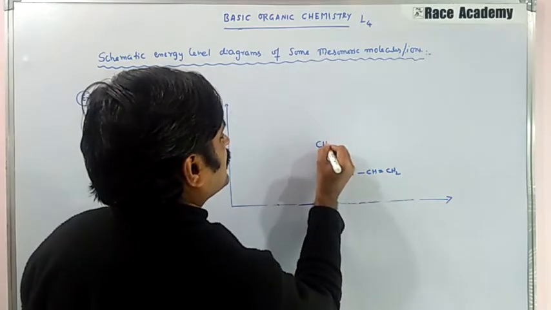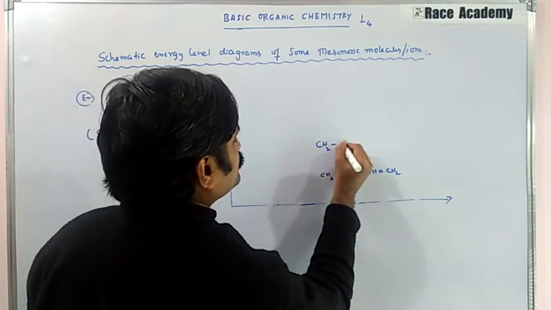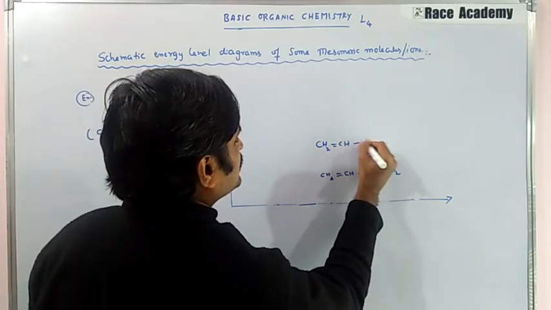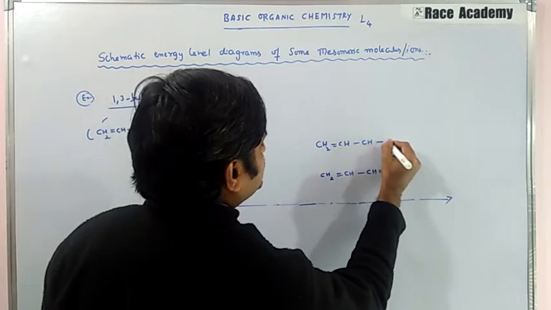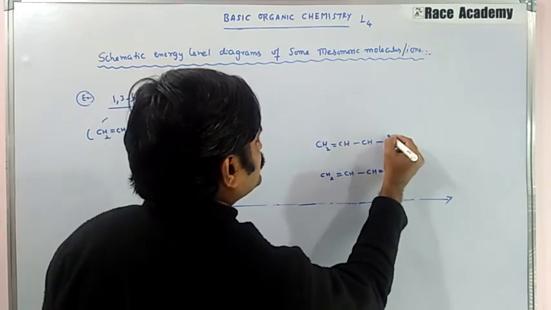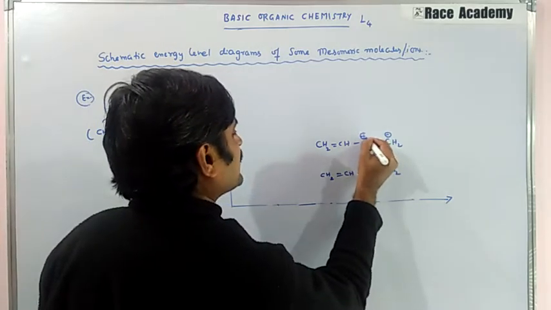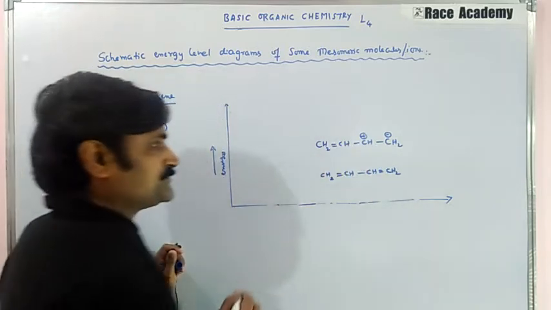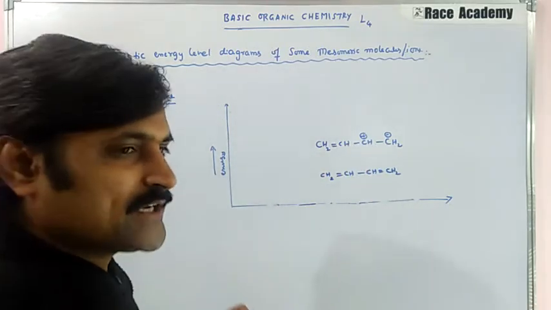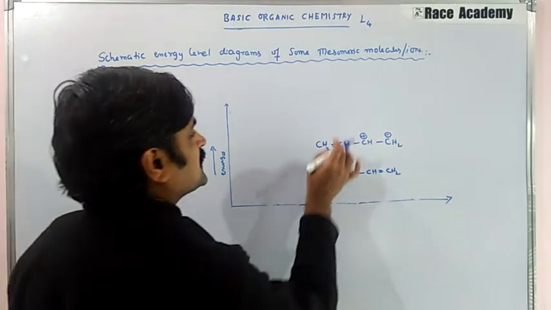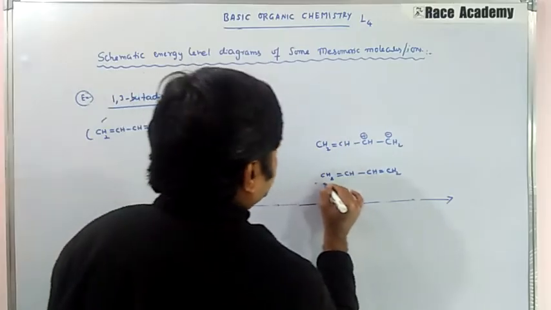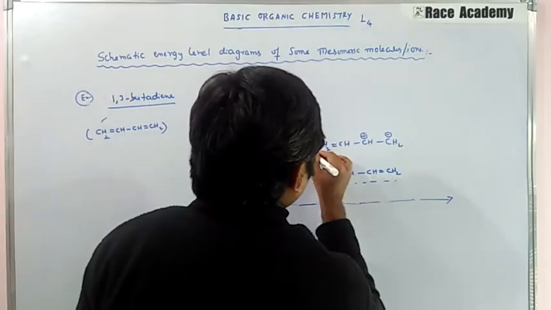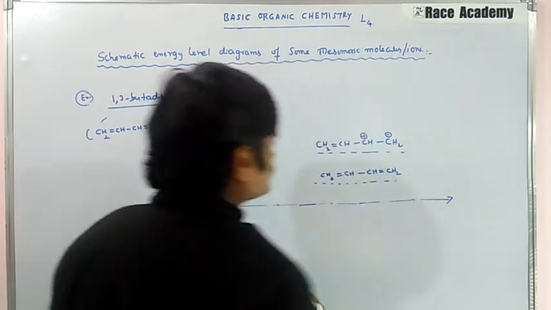So what is that? Another structure is nothing but CH2=CH-CH-CH2, where I am keeping this one negative and this one positive. That one came out actually a little higher than this one, so this energy is lower than that one.